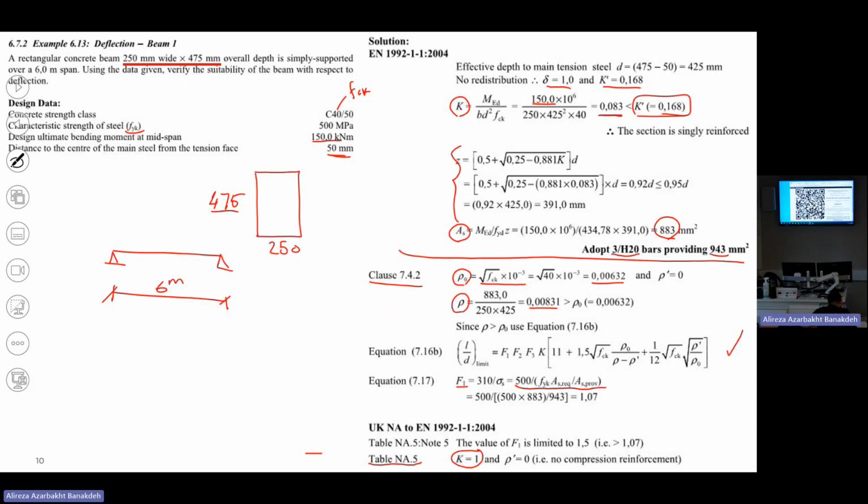F1 is 500 divided by FYK, 40 megapascal. AS required 800 something, AS provided 900 something. These two values both contribute to F1: what you require, what you provided. Is it difficult?